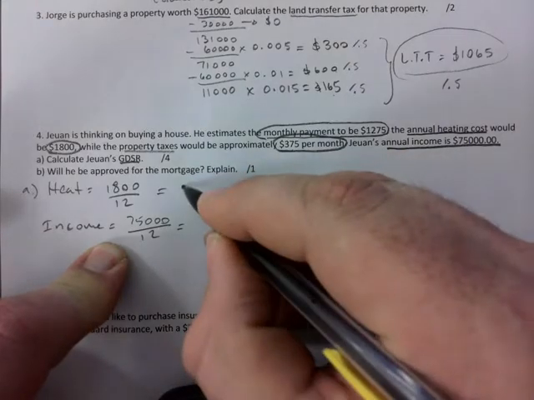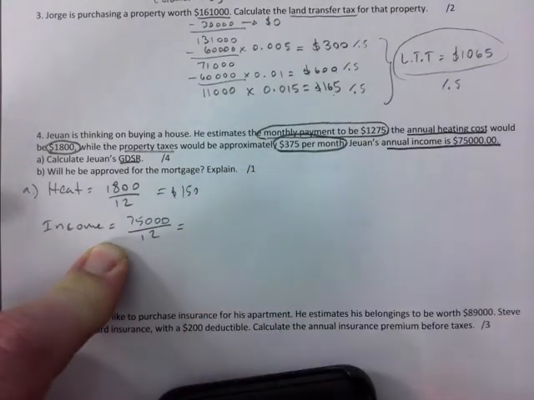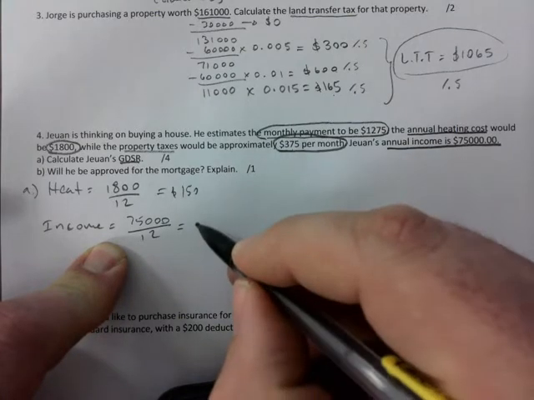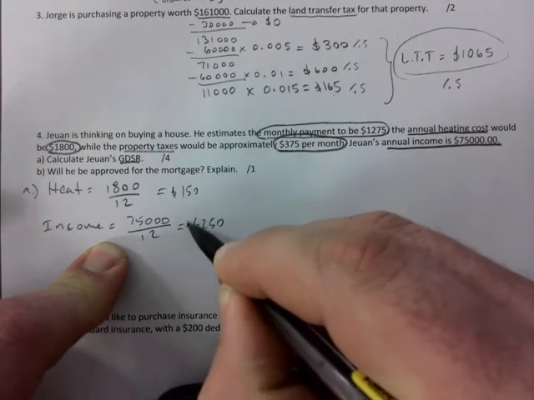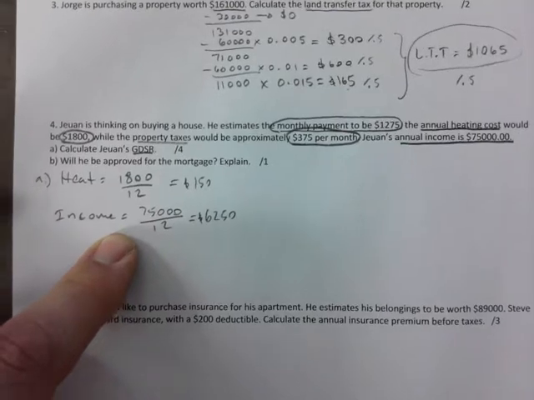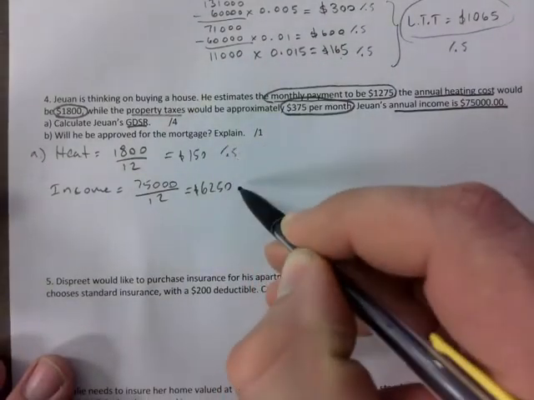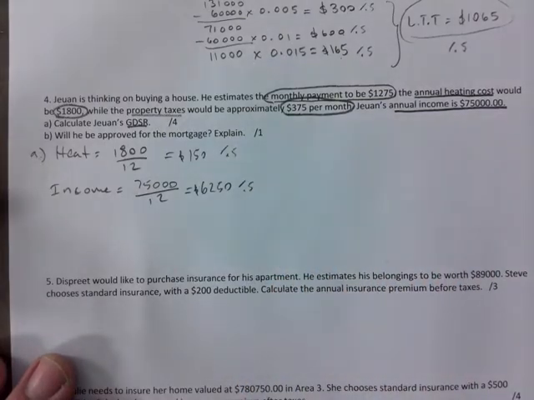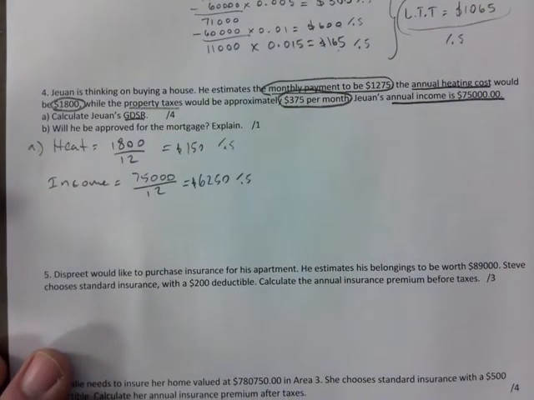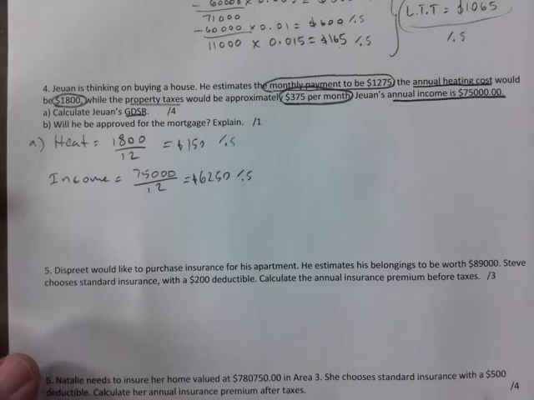This is 150 bucks. And the income, 6,250 per month. So I would say you get half a mark for each of those steps. It's not that difficult to do, but it needs to be done before you proceed with the GDSR.